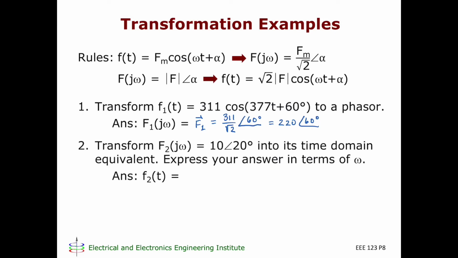So the amplitude of my time domain function would be the square root of 2 multiplied by 10. And then the argument of my cosine would be omega t plus the phase angle of the phasor. So this is just now 14.14 cosine of omega t plus 20 degrees.